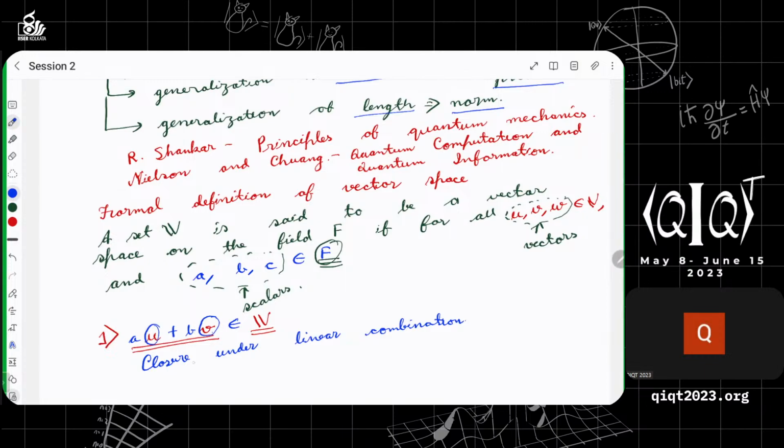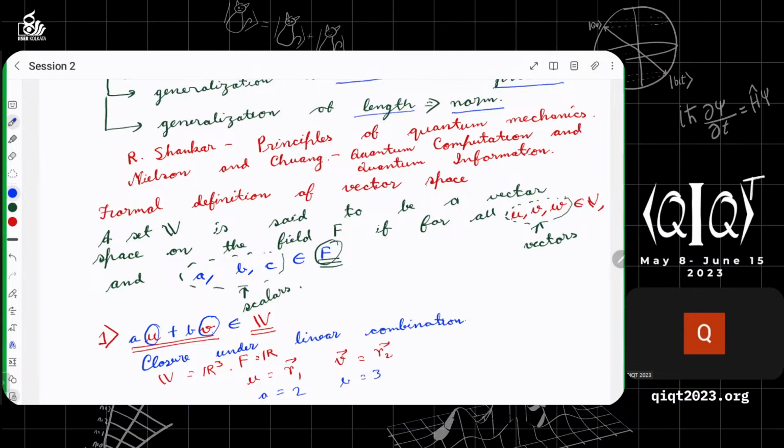So let's say V is R3, U is the r1 vector and V is the r2 vector, and F is R. A is some number, say 2, and B is some number, say 3.